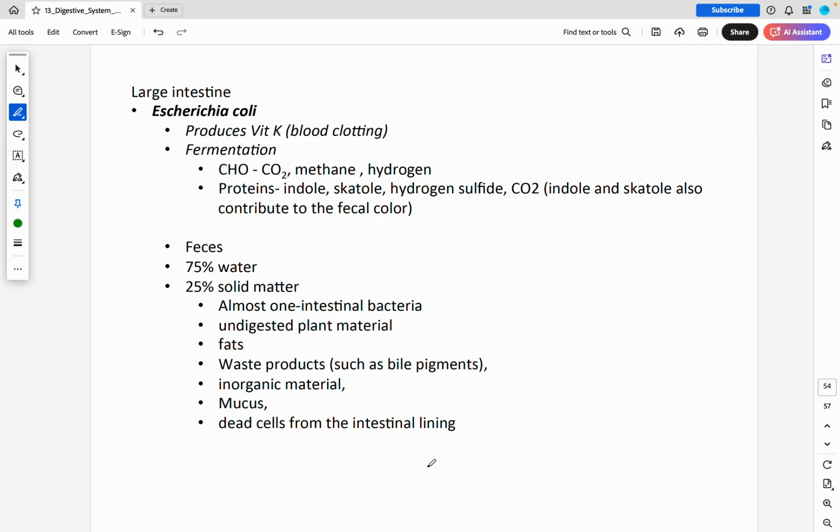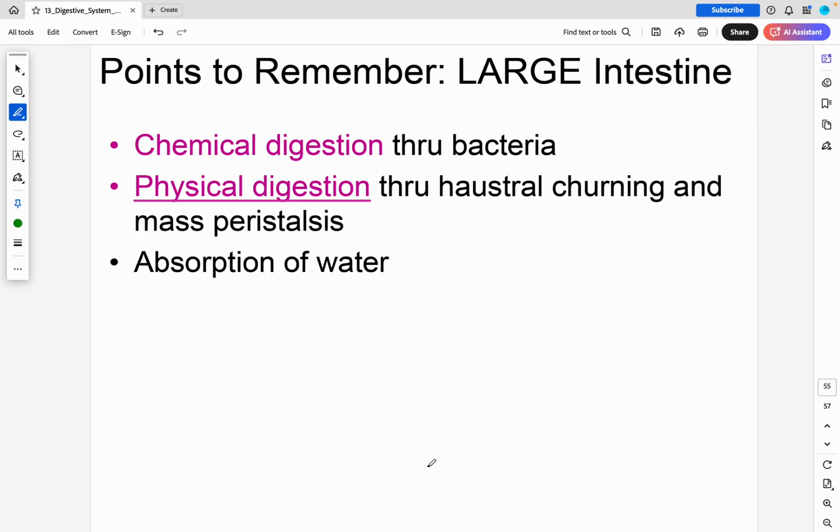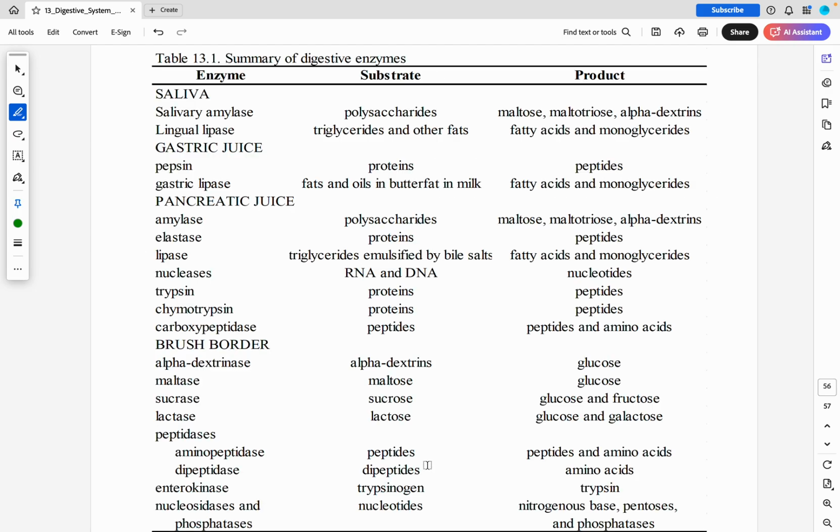Feces also contains fats, waste products, inorganic material, and dead cells from the intestinal lining. So, some important things to remember about the large intestine: chemical digestion is primarily via the presence of gut bacteria, physical digestion via churning and peristalsis, and water reabsorption takes place to solidify the undigested waste material.